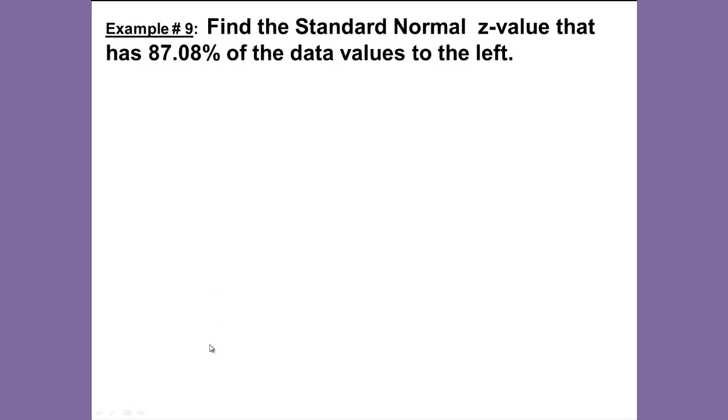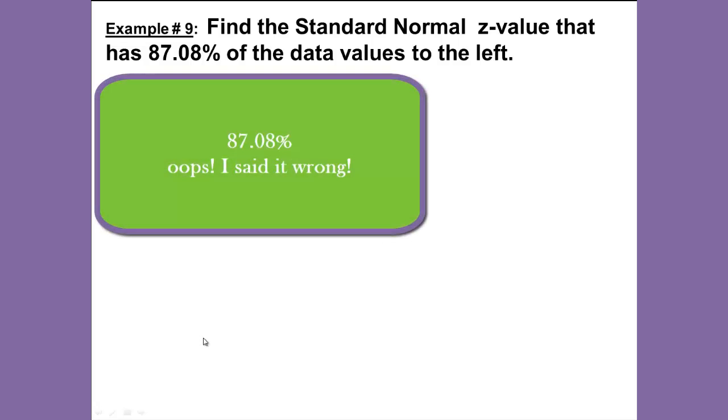In some situations, we are given the probability, area, or percent to set up. Remember that the area or probability and percent are all the same. In this example, we are asked to find 87.08% of the data that is to the left.